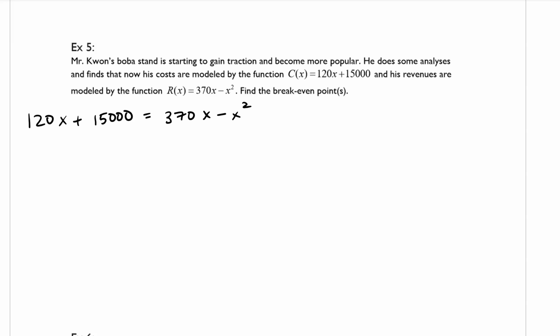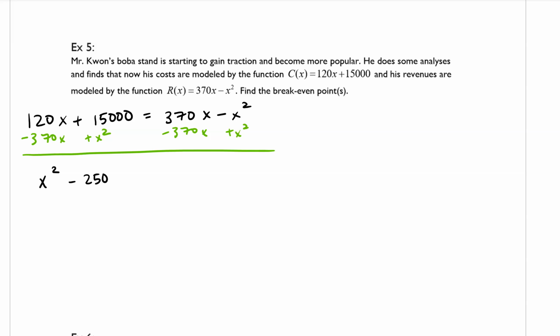So let me subtract 370x from both sides, and then I will add x squared to both sides. So if I do that, then my left hand side of the equation should be x squared minus 250x plus 15,000. And that is equal to 0.